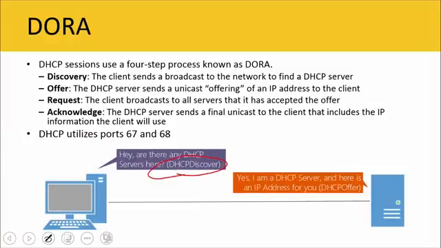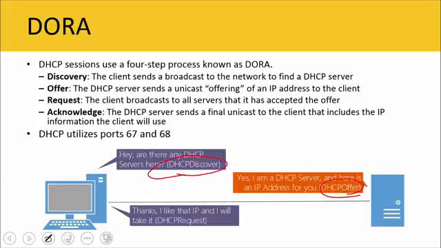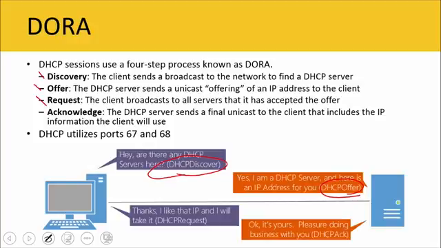Next, that server is going to respond, and it sends a unicast message offering an IP address to the client. Then, of course, we have a request, where the computer says, hey, I would really, really like that IP address. Please send it over to me. And then the DHCP server sends a final unicast message to the client that includes the IP information.